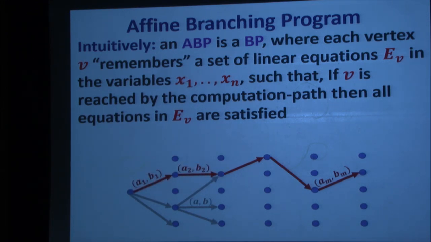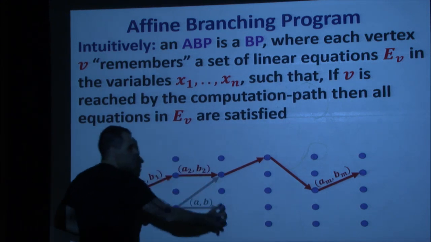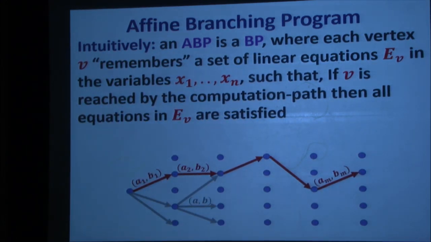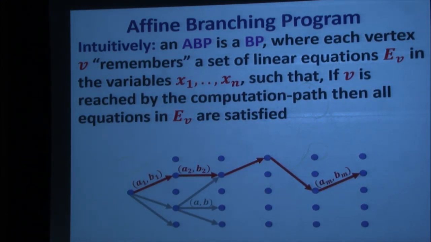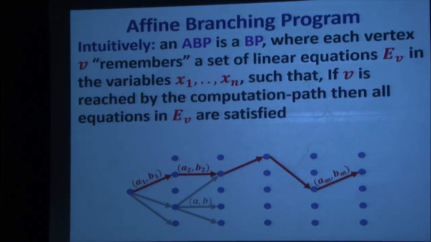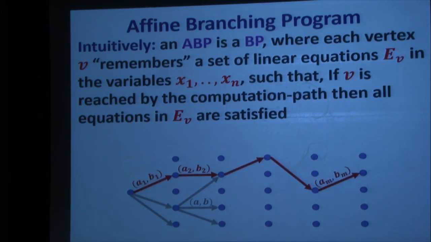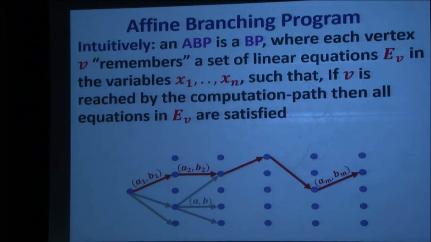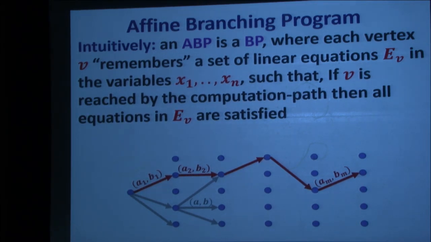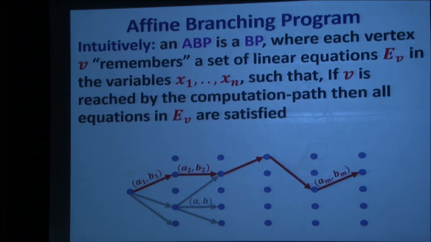From layer to layer, you can work as hard as you want. It's a non-uniform model. It doesn't matter how long it took to create it. What you will prove is that no such model exists, as long as the width and length are bounded. Maybe when you see the formal definition, it will be more clear.